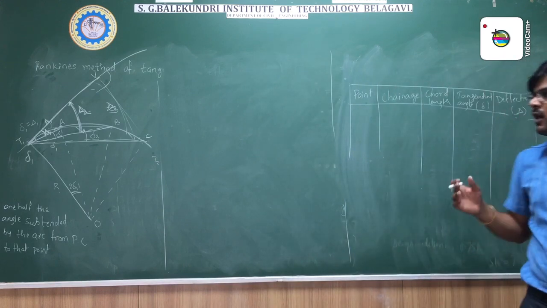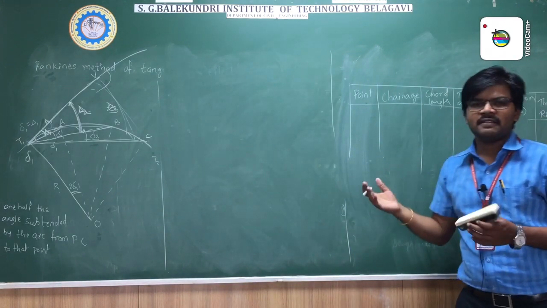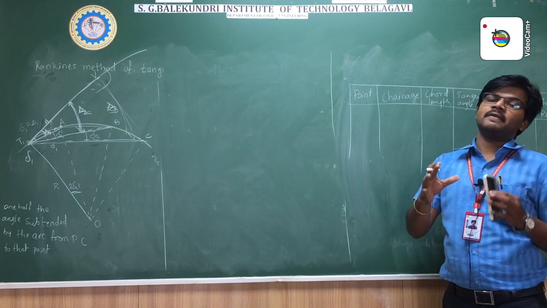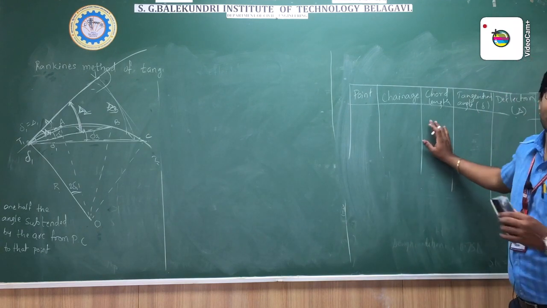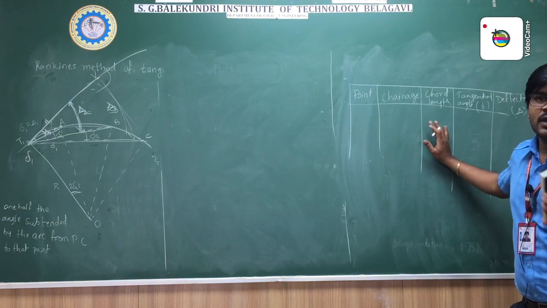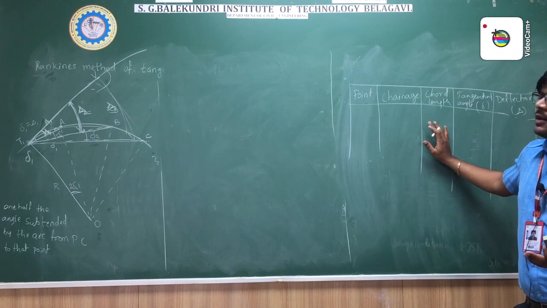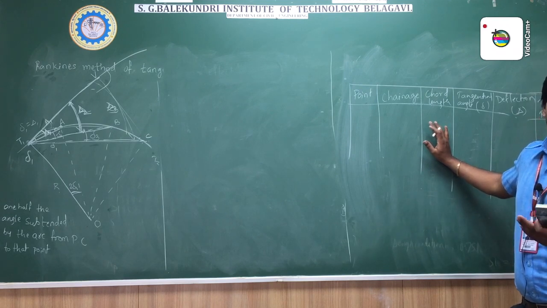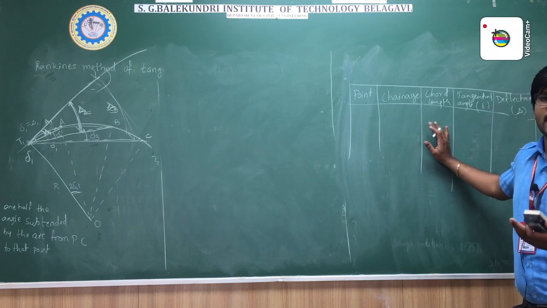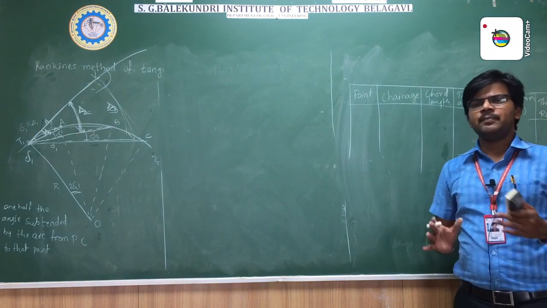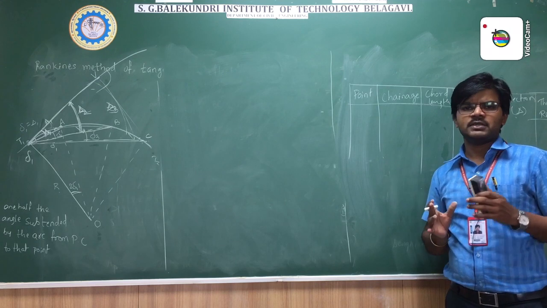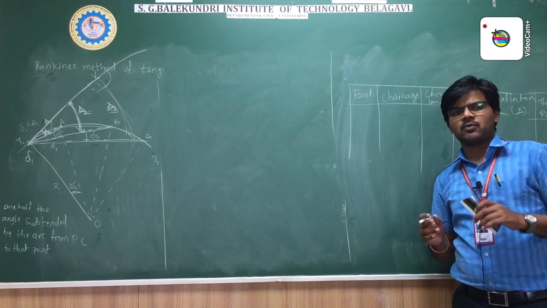Next, after Rankine's method, how we are going to represent the values in a record book. In a practical condition, during a reconnaissance survey or preliminary surveys, by using a theodolite you will be observing different points to establish the simple curve.